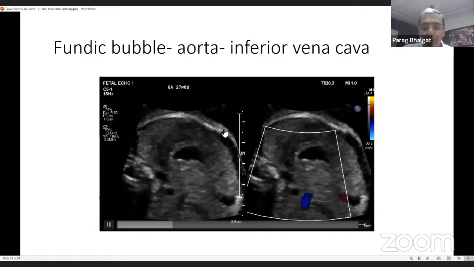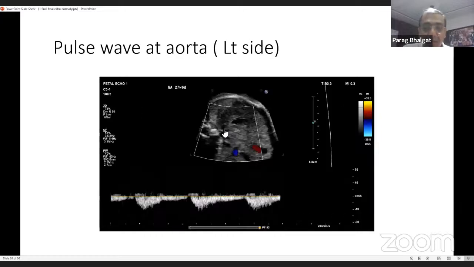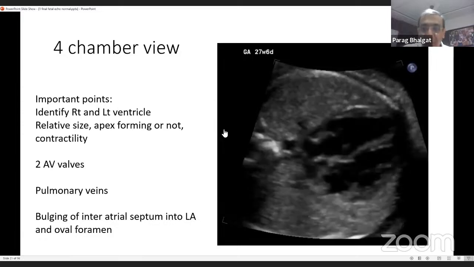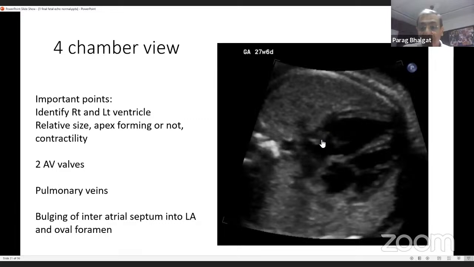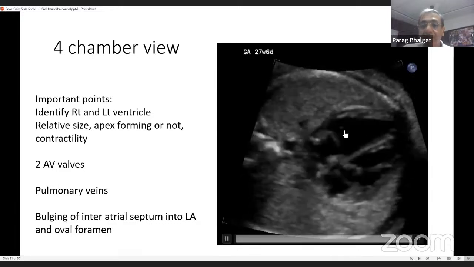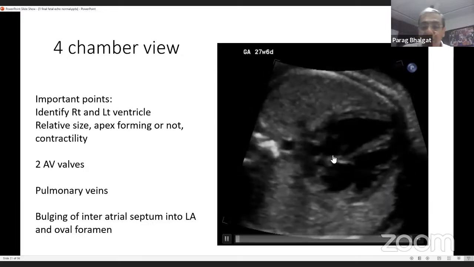Now this is the four chamber view of the heart. The things we have to understand while interpreting the four chamber view is to see that four chambers are there or if any chamber is absent. This is the left atrium. This is left ventricle. This is right ventricle. This is mitral valve.